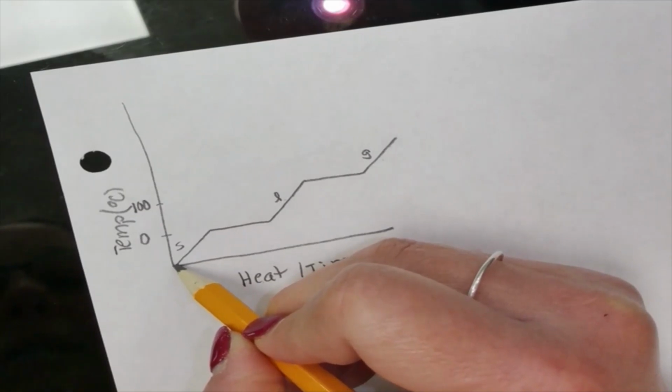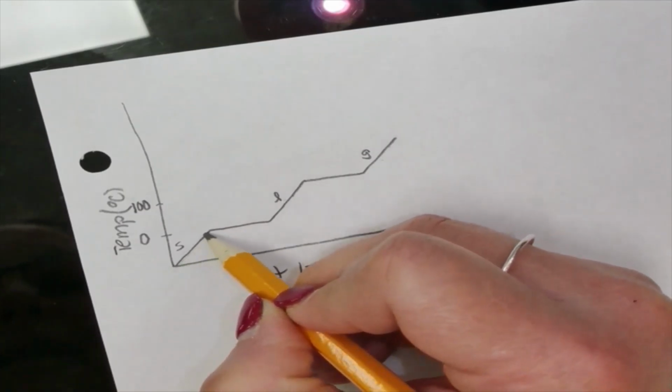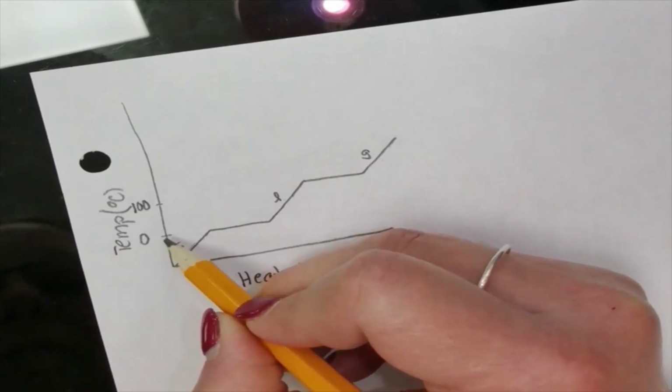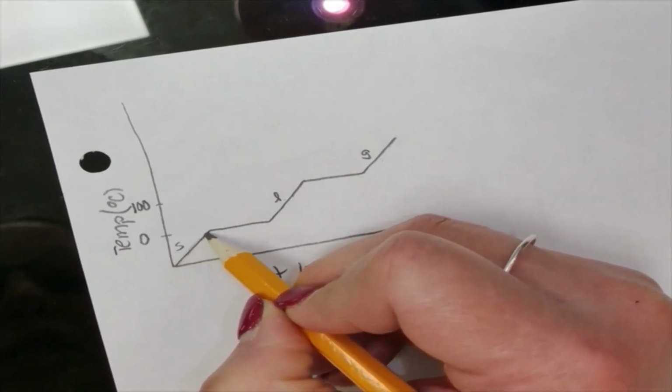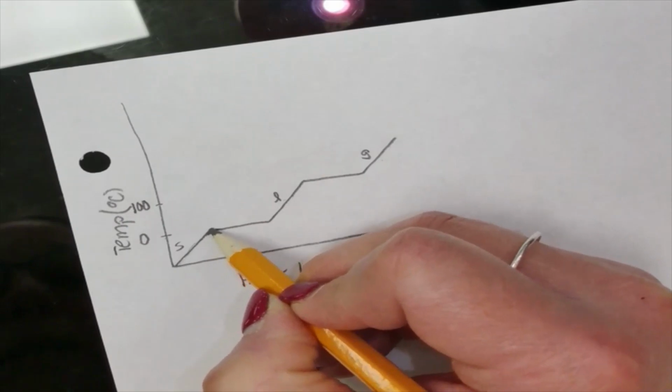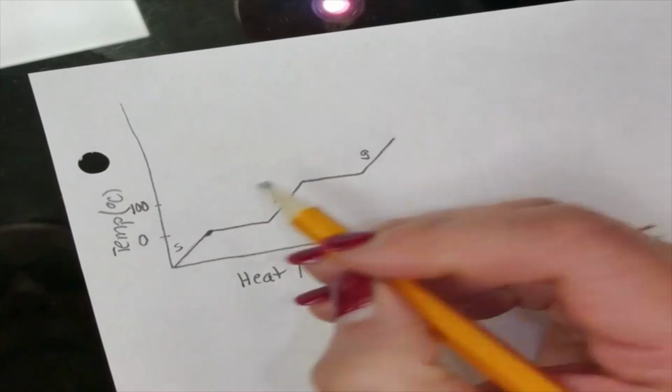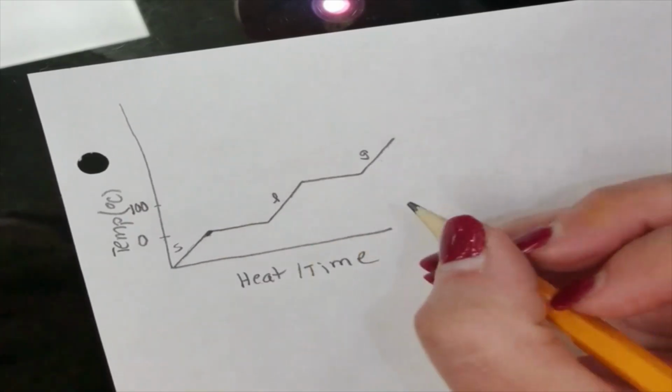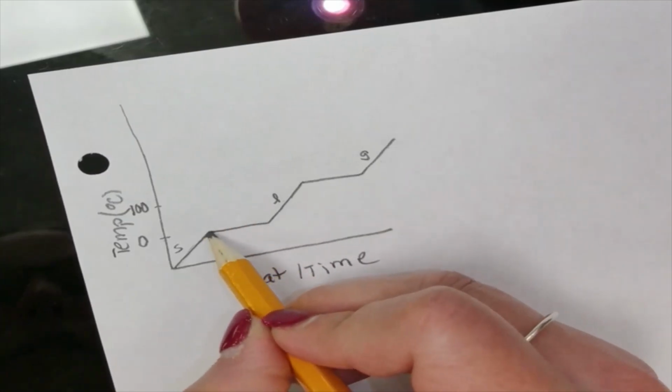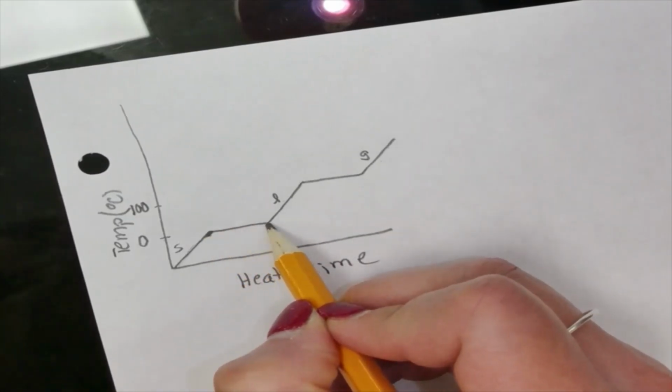As I'm adding heat to my solid, my temperature is going up. So my solid temperature goes up. At some point, my solid starts to melt, and I go from my solid to my liquid.